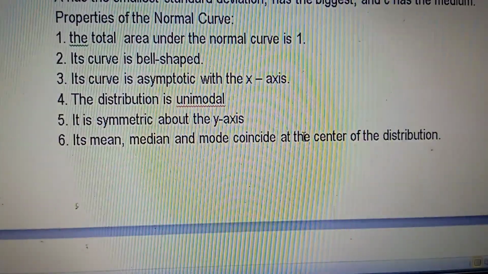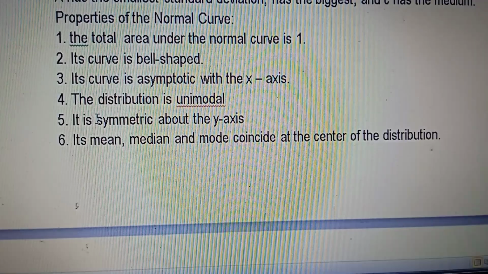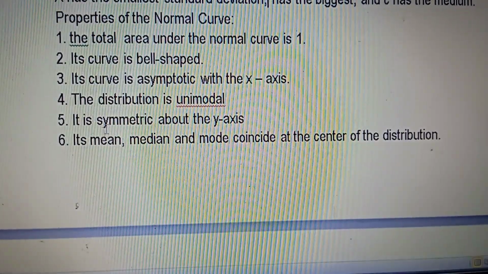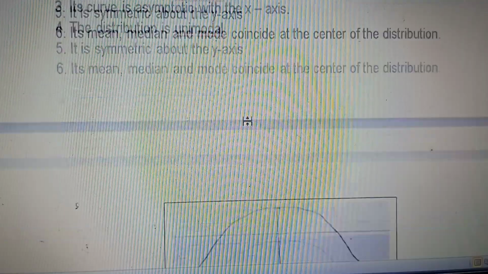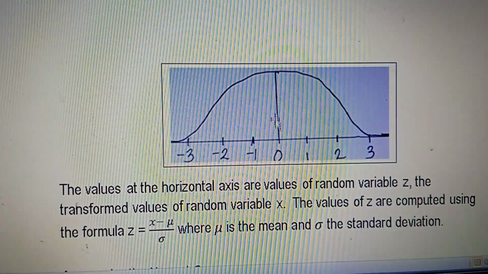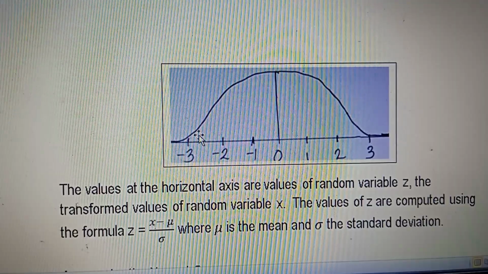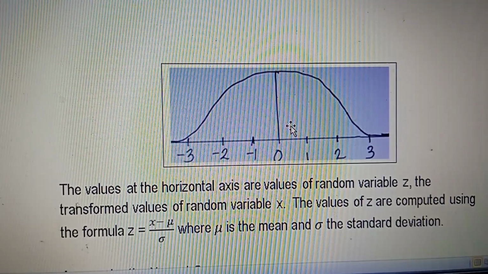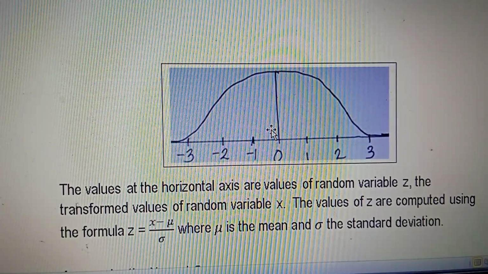Number 4, the distribution is unimodal. Number 5, it is symmetric about the y-axis. So this is the y-axis, and it divides the normal curve symmetrically into two sections.